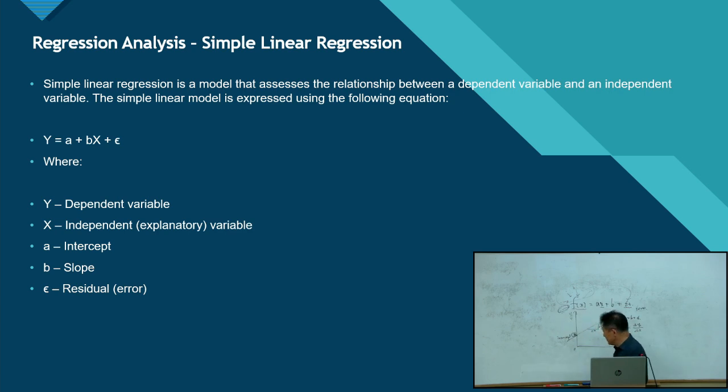For example, if you want to buy a house, your own house, there are many independent variables. First, the price.